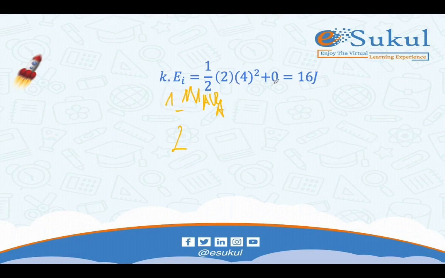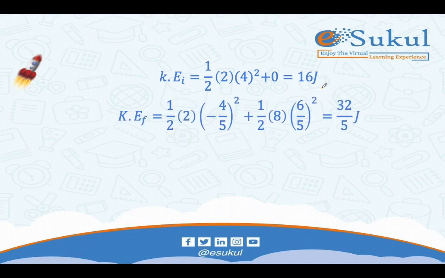Then similarly for B, since B was stationary, its KE becomes 0 initially. So this gives us a total initial kinetic energy of 16 joules. We then get the final kinetic energy, which is the same half m v squared for both spheres, and we then have 32.5 joules by simplification.